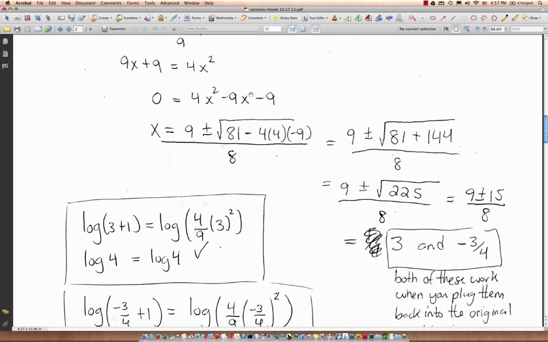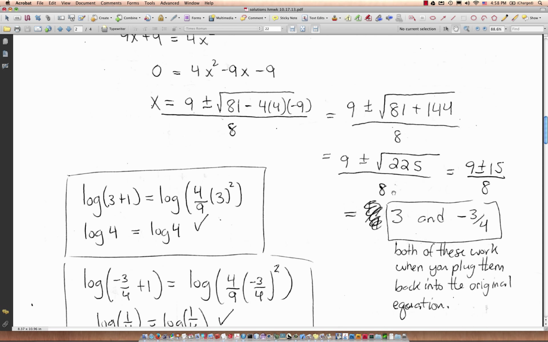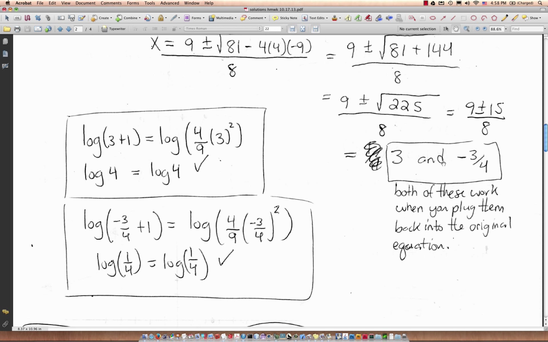Using the quadratic formula, we get 9 plus or minus square root of 81 minus 4 times 4 times -9, all over 8. Well, 81 plus 144 is what we get under the root, and that's 225. The square root of 225 happens to be 15, so we have two different values. 9 plus 15 over 8, which turns out to be 3, and 9 minus 15 over 8, which turns out to be -3/4.